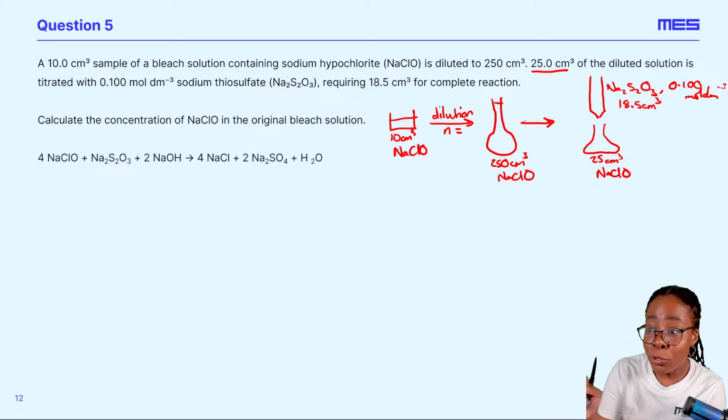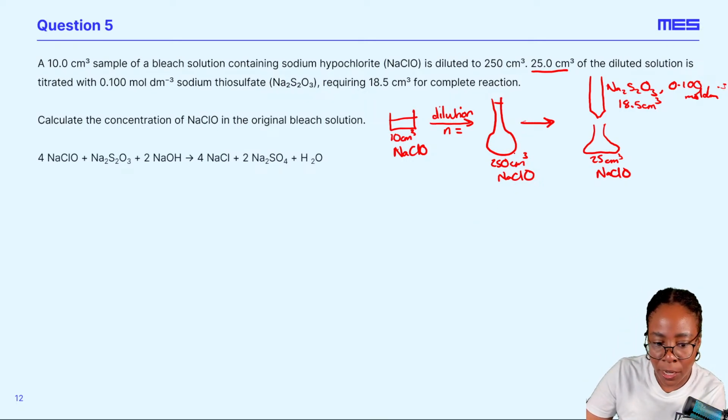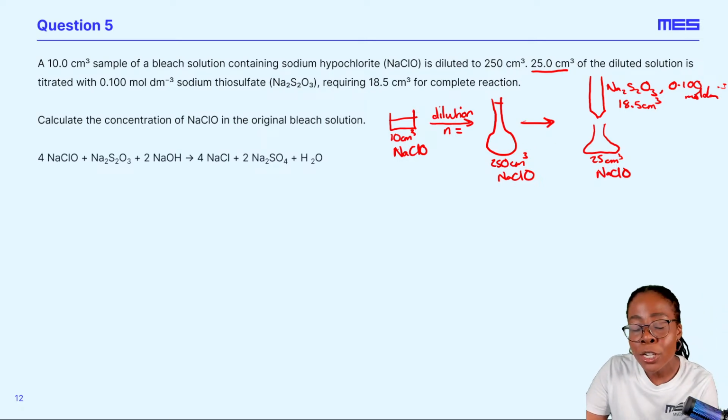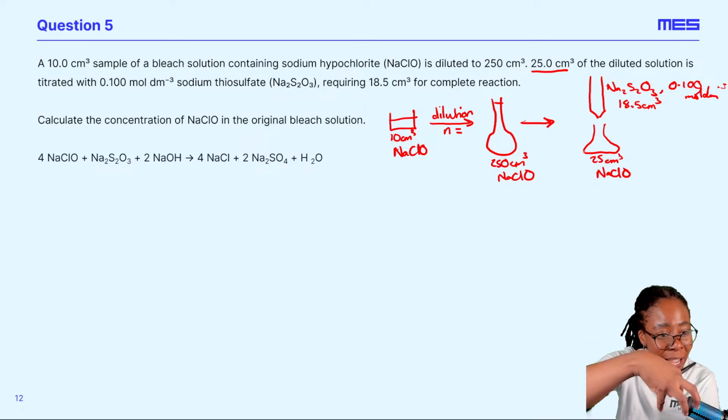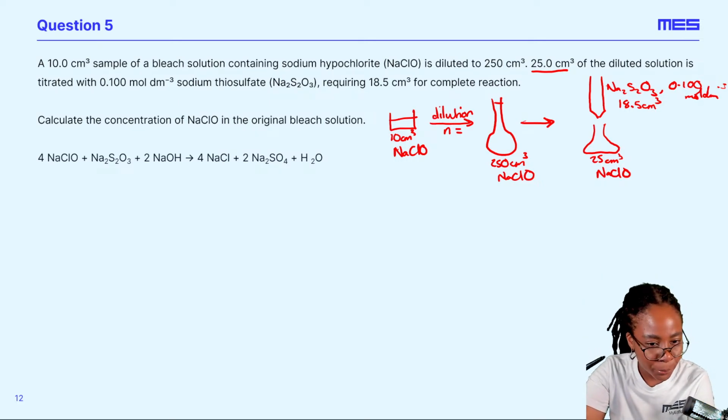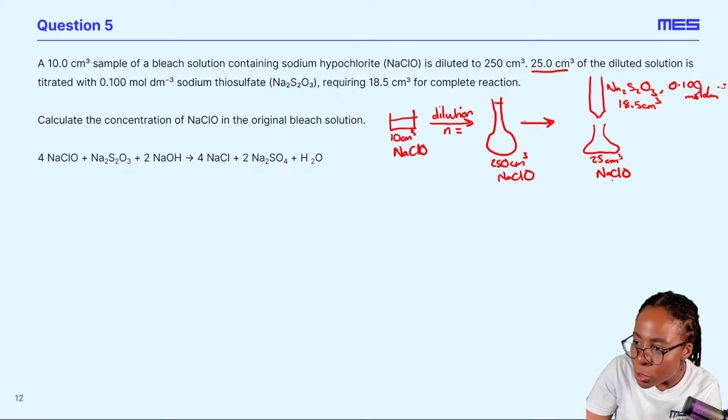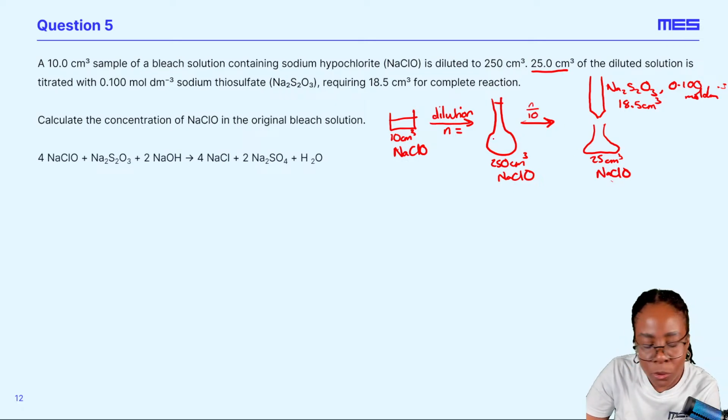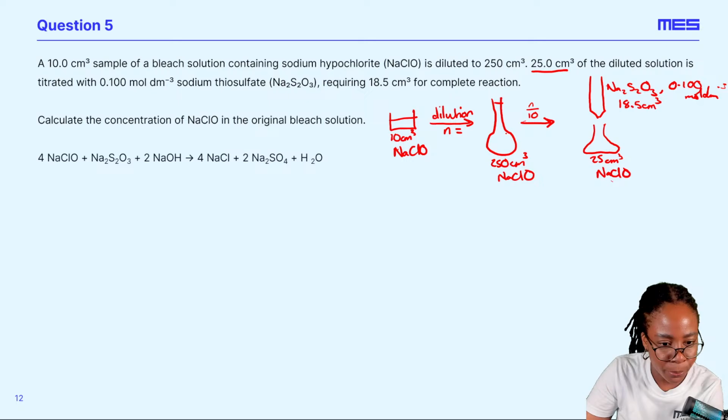Now notice in this second transfer, going from our 250 centimeters cubed to the 25, we took out a 10% portion, which means that the moles of NaClO here are 10 times less than the moles in our larger solution.